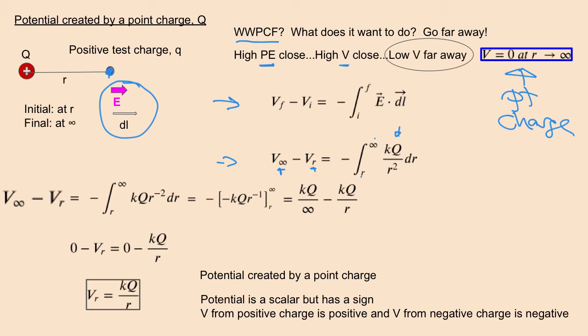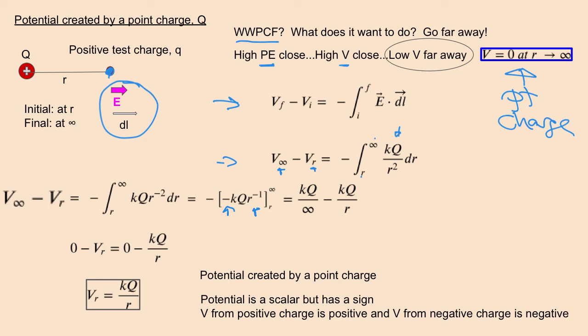My left-hand side, I'm just going to leave as V infinity minus V R. And then I have a negative integral from R to infinity. I'm just rewriting KQ over R squared as KQ R to the negative 2, just to help me with my calculus, because the integral of R to the negative 2 is going to be negative R to the negative 1.